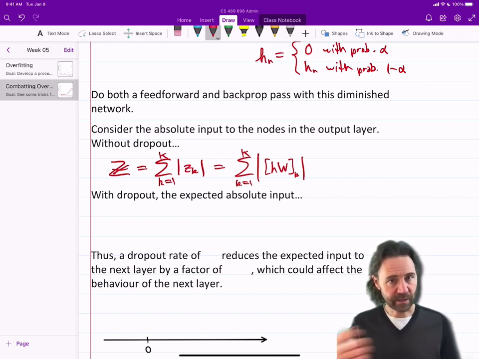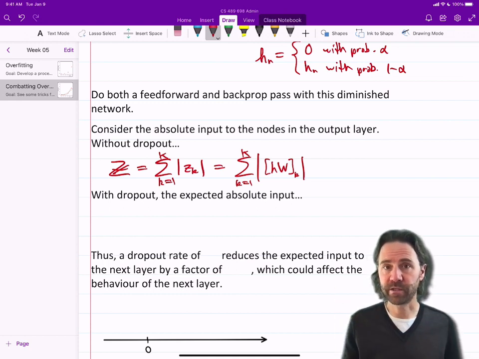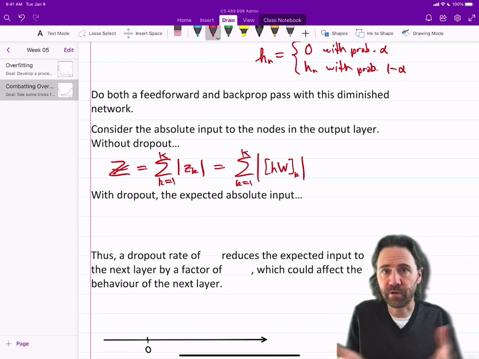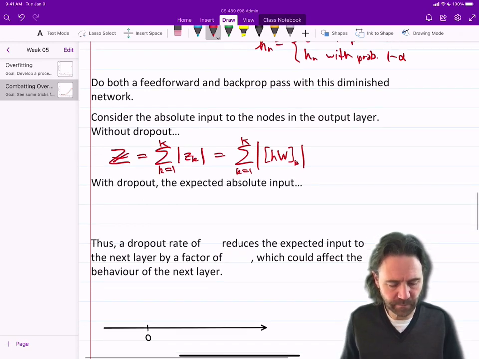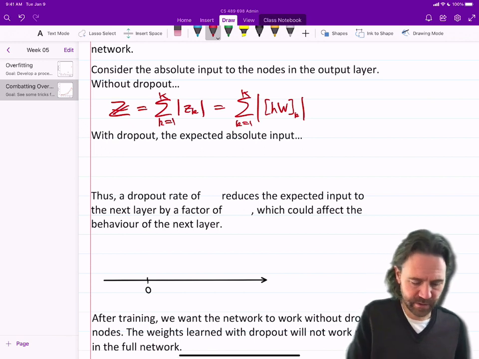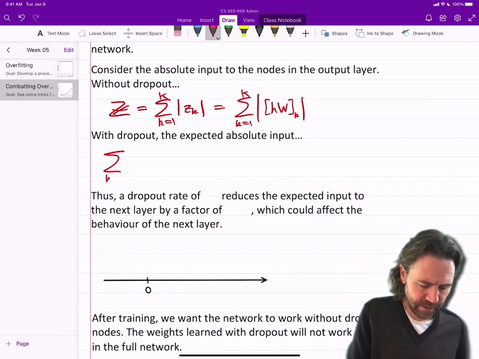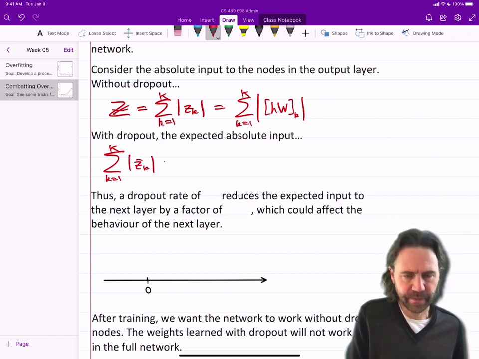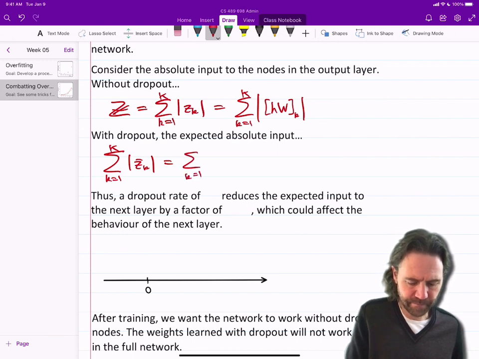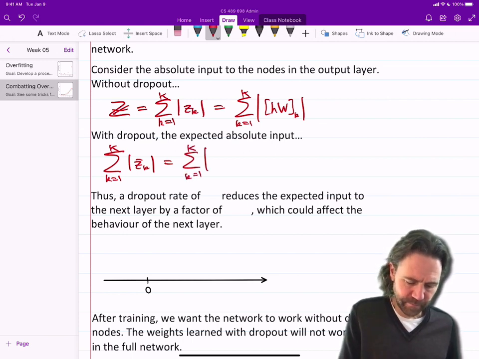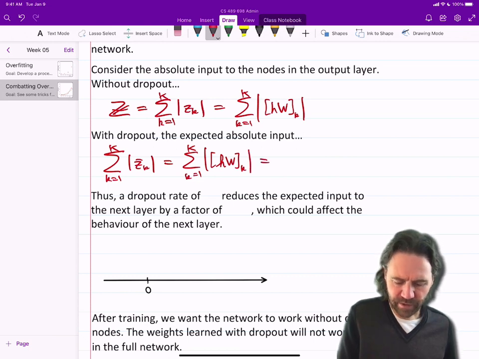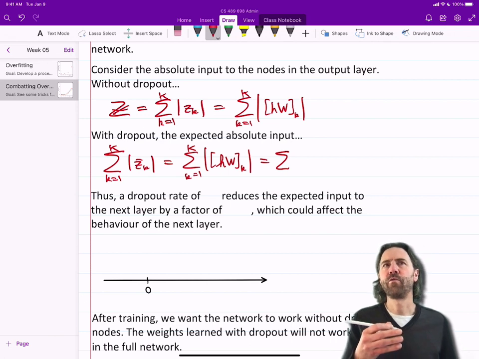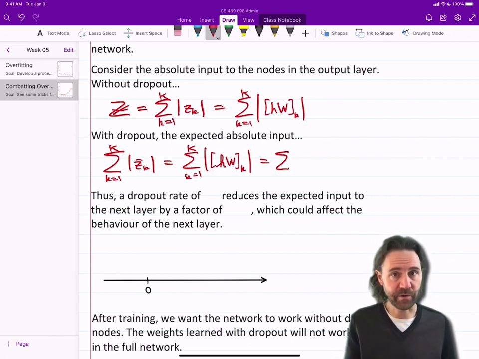That's without dropout. With dropout, we've removed a bunch of the input currents, right? A lot of the nodes are going to be 0, so there's no current coming from them. With dropout, adding up k equals 1 to capital K of these Z bars is going to be scripted H times W, and now the scripted H's with probability alpha are going to be 0.